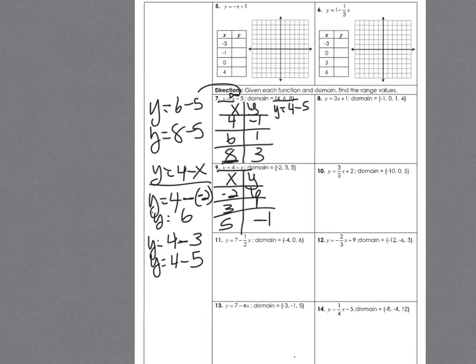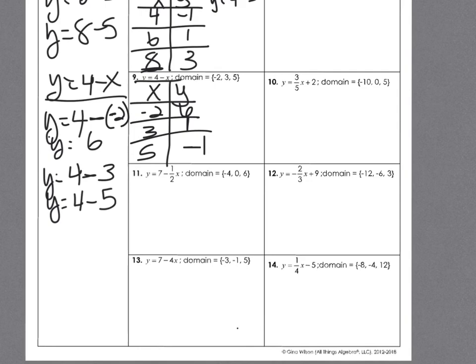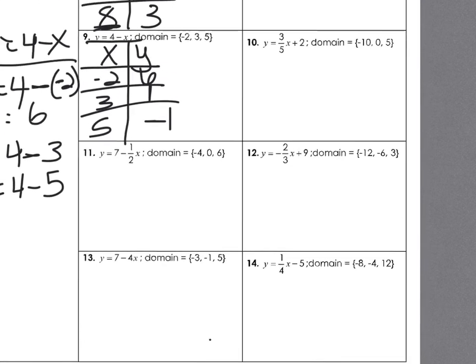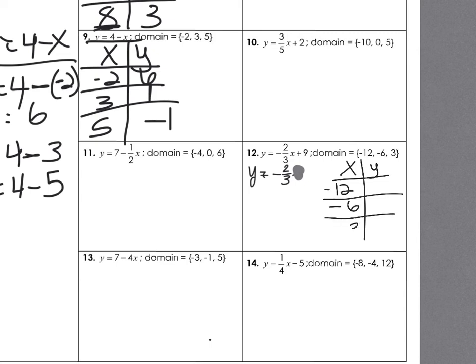I'll do one more. I think y'all are pretty sharp. Y'all got this figured out. You've done this before. All right, so y equals -2/3 x plus 9. Okay, so I am going to make my x and y table, and we're plugging in -12, -6, and 3.